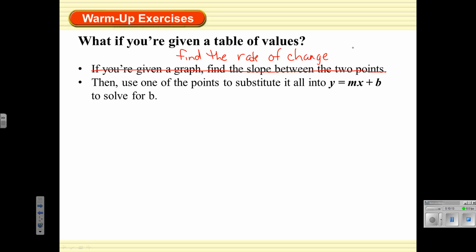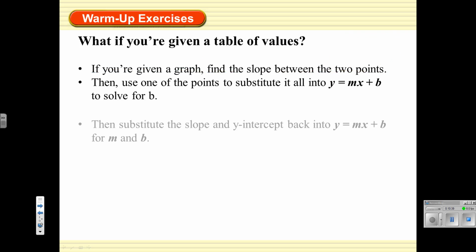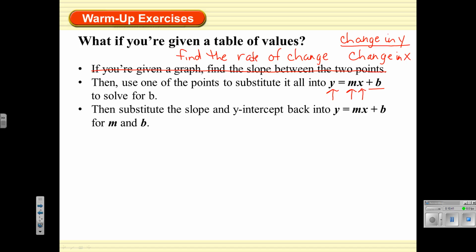Okay, find the change in y in your table and put that over your change in x in your table, and we have an example coming up, so don't fret. Okay, and then use one of the points to substitute it all into the y equals mx plus b. Again, y coordinate here, slope you just found here, and the x coordinate there, and then solve for b. And then substitute it back in for your m and your b.